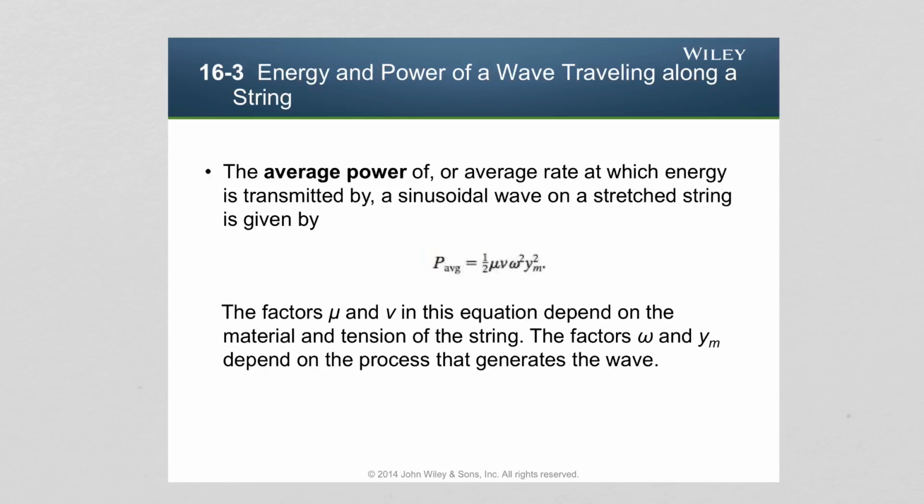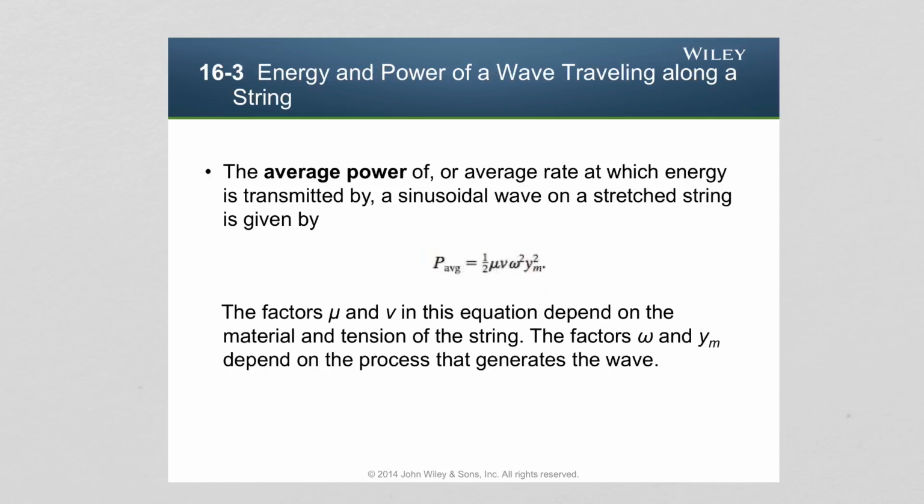I will show the derivation of this result after the lecture in a separate slide. But for now, the result is that the average power is equal to 1/2 times the linear mass density of the rope along which the wave is propagating, times the wave speed, times the angular frequency to the second power, times the amplitude of the wave to the second power.